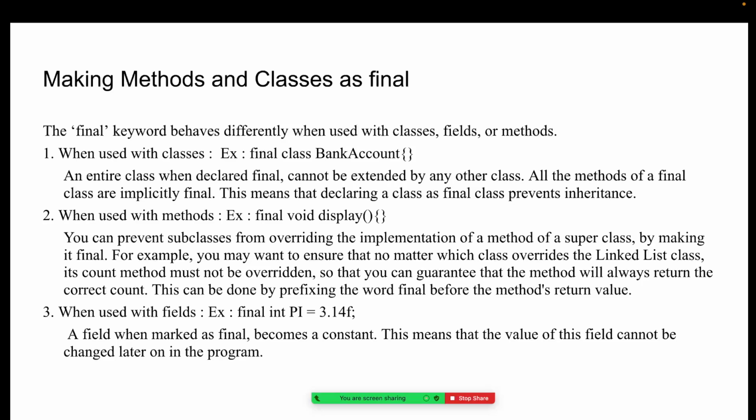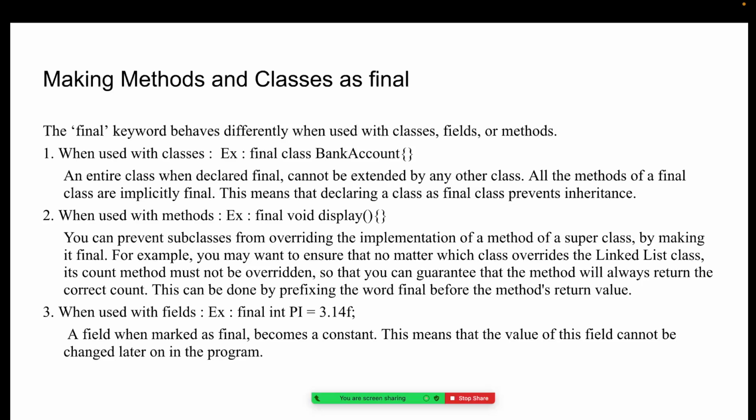When we declare a class as final, any final class cannot be extended by any other class. Suppose we have a final class Grandfather, and then we create a class Parent that extends Grandfather.